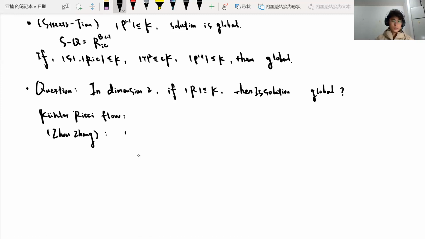It shows that for Ricci flow, if the scalar curvature is bounded, then the solution is global. And in the Ricci flow case, this is Perelman's work.